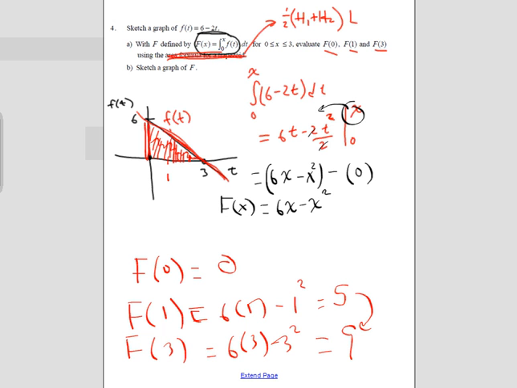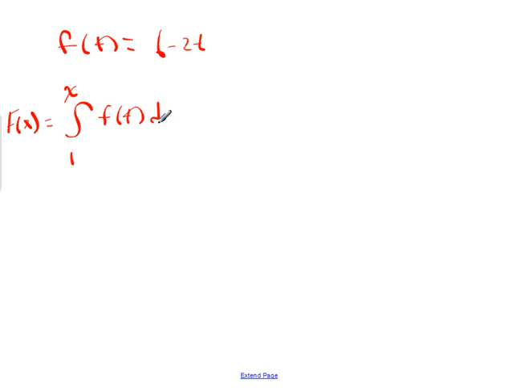What if we did a very similar problem? What if on the next page we said that f of t once again is 6 minus 2t, and instead of starting at 0, we integrated from 1 to x. We said big F of x is the integral from 1 to x of little f of t dt.